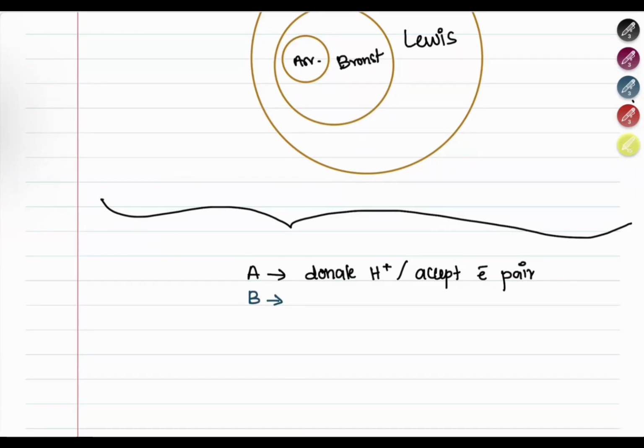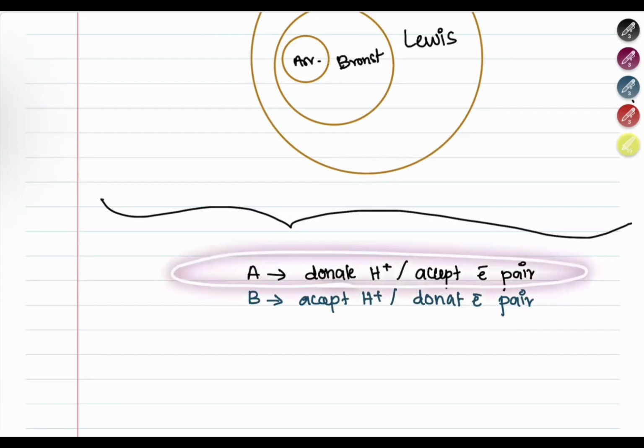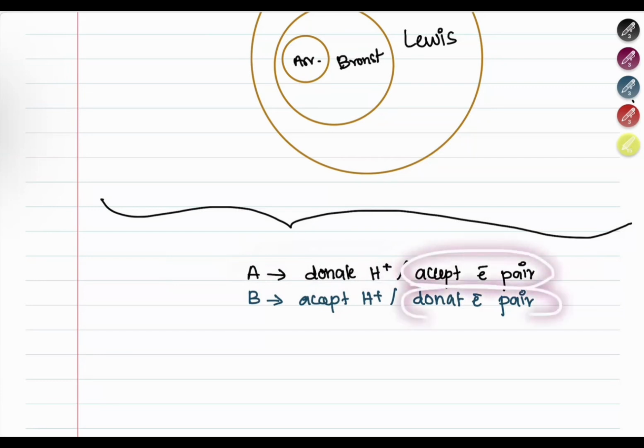So here a base is a substance which will accept H plus or donate an electron pair. Here we can say an acid is a donator of H plus and an acceptor of an electron pair. So this only we have to learn. The base will be the exact opposite. If an acid is donating H plus, the base is accepting H plus. If an acid is accepting an electron pair, then the base is donating an electron pair.